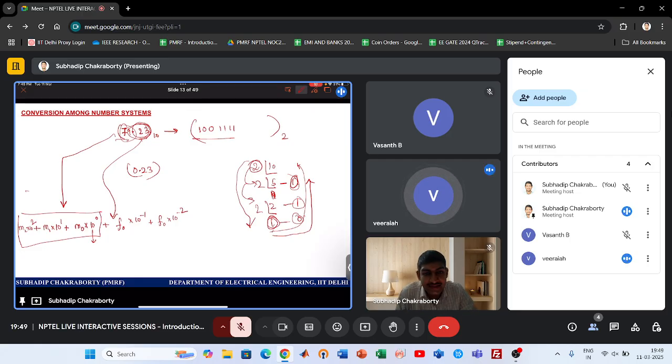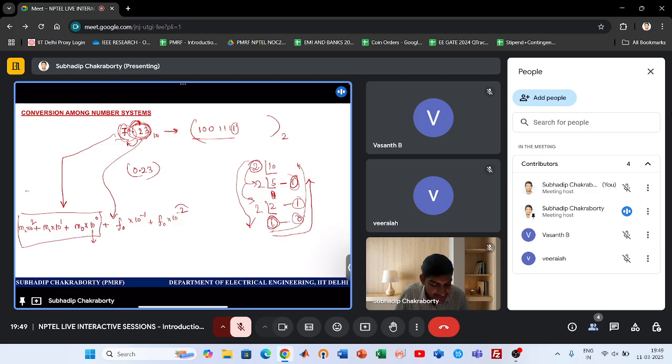Because I multiplied by 2, I need to reduce by 2. Wherever I am multiplying, I have to reduce again. So that's why the representation starts like this. Whenever you want to go back from binary to decimal, you have to reduce actually.